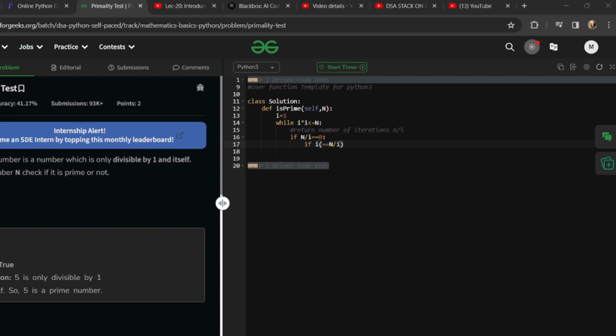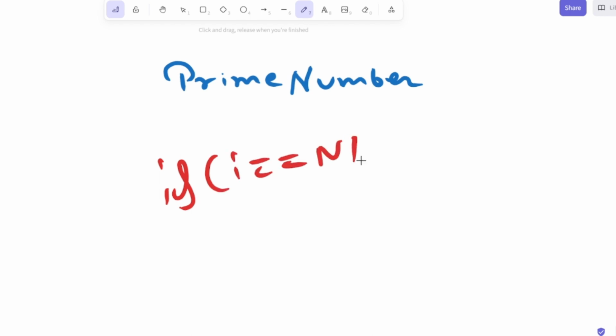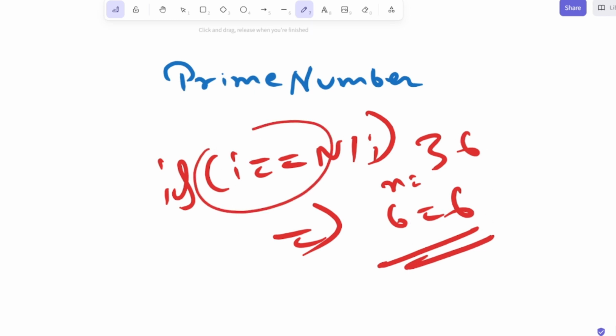Going back to the screen, we have done this to make sure that, as in the earlier example where n was 36, we would get the pair of factors 6 and 6. So we are just checking whether I is equal to n by I or not. If it is, then we will count the factor as 1, not 2.